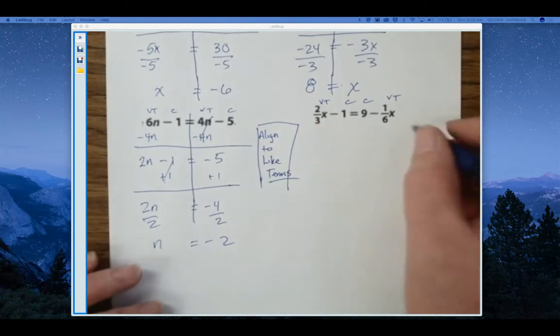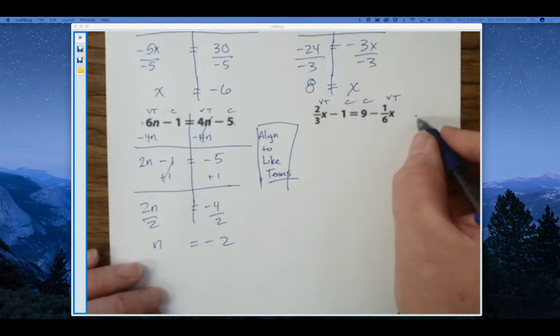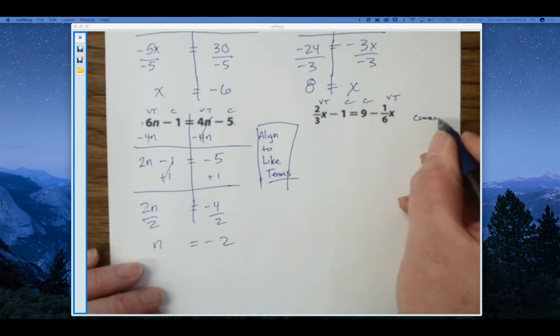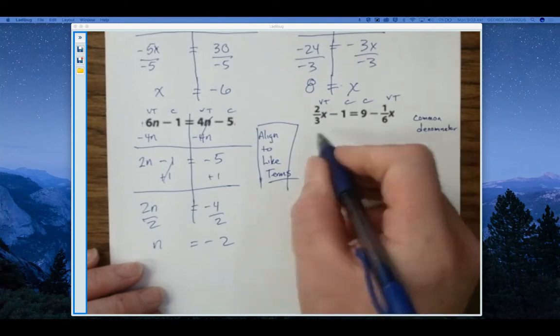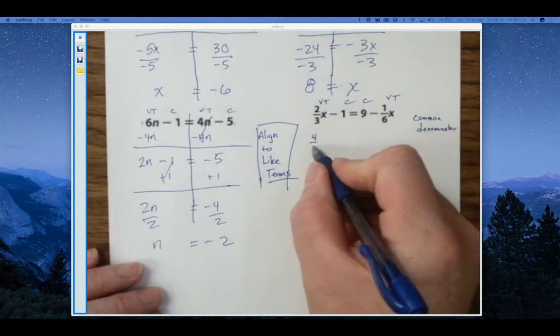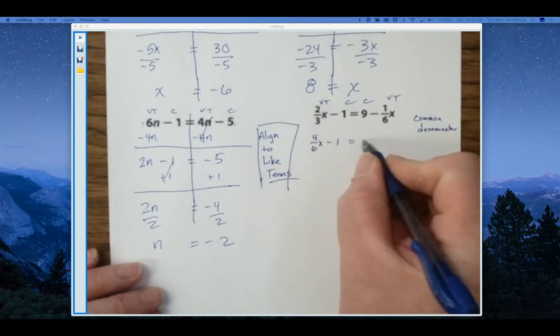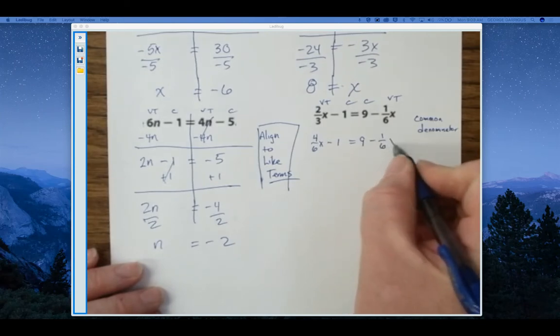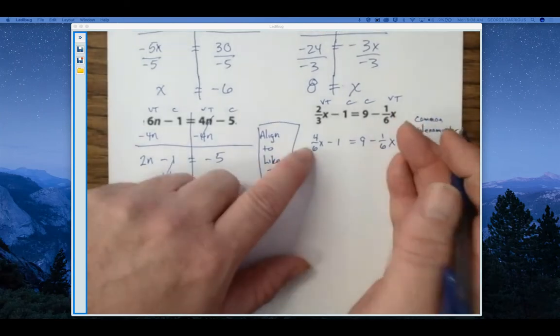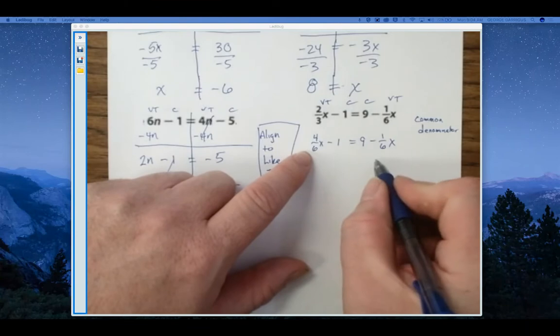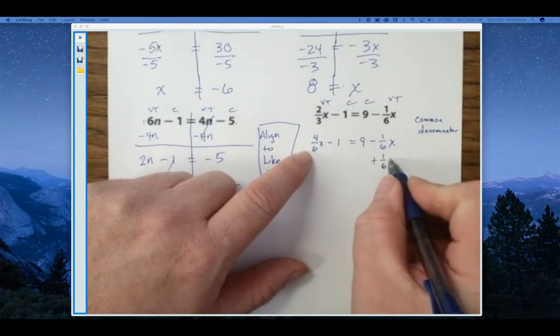So there's a couple different techniques to deal with this. One, we could change the fraction so you have a common denominator. So I would rewrite this as 4/6 x minus 1 equals 9 minus 1/6 x. Now the coefficients are in sixths. So I can add 1/6 x.